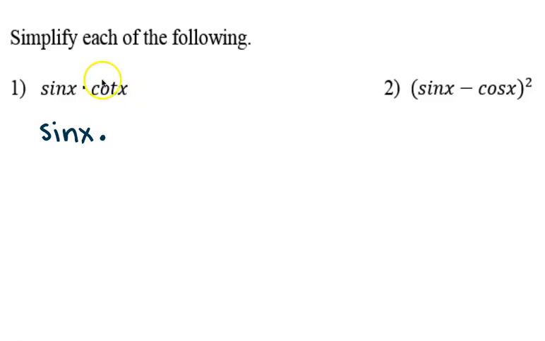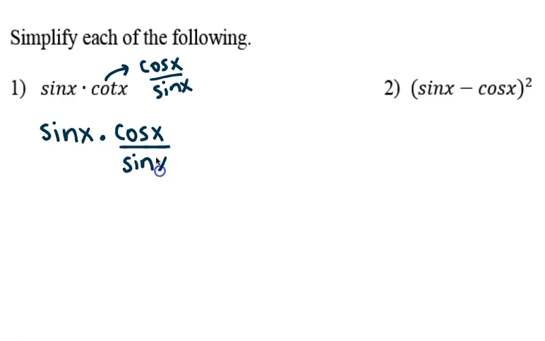So cotangent, if we write that in terms of sine and cosine, is really cosine x over sine x. So that's what I'm going to rewrite it as. Cosine x divided by sine x. Okay. And since we're multiplying, I can divide those sines, right? Sine of x divided by sine of x is 1, and I'm just left with cosine x.